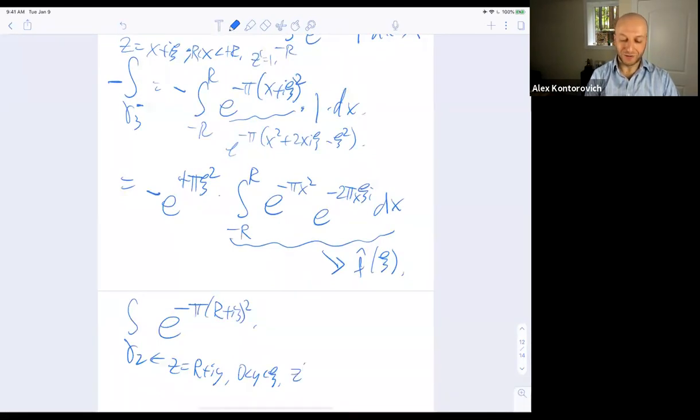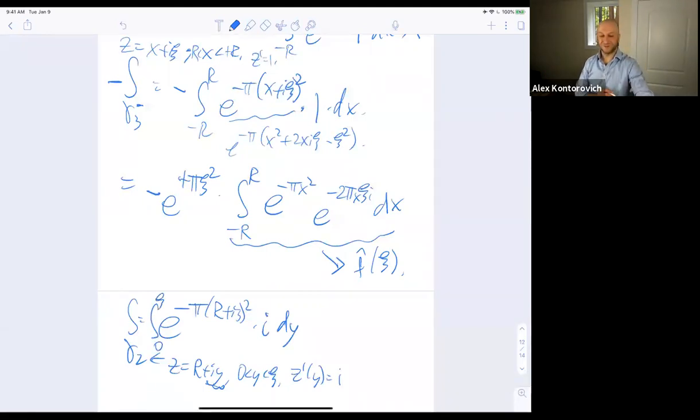What is z prime now? It's i, because y is the parameter. So I get times dy. This we'll be able to bound rather easily. This is equal to the integral as y goes from 0 to C of this stuff.